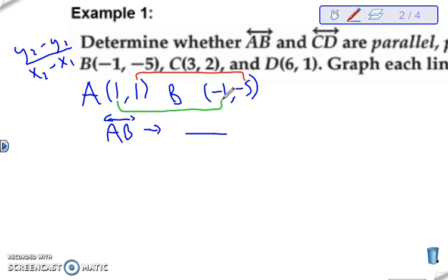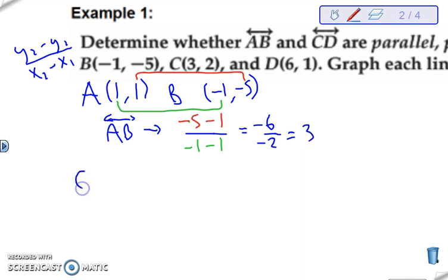So for my y's, that's going to be -5 minus 1. For my x's, it's going to be -1 minus 1. So I do that, -6 on top, -2 on bottom, and if I reduce that, it just equals 3.